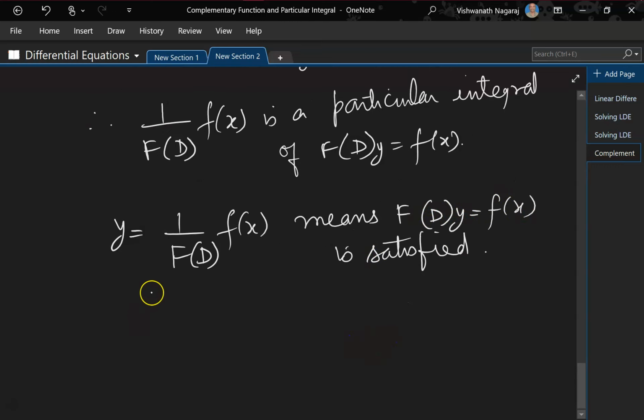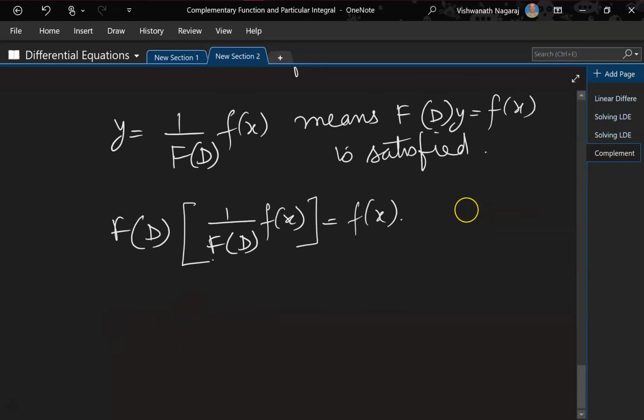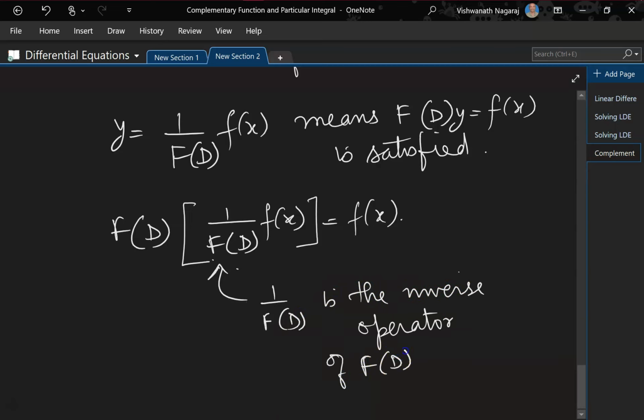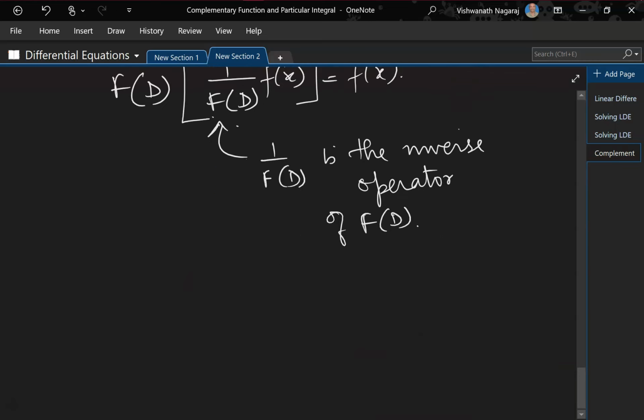Basically, if we substitute y back, we get f of D. Here this 1 by f of D is the inverse operator of f of D. Remember, D is the derivative, d by dx.